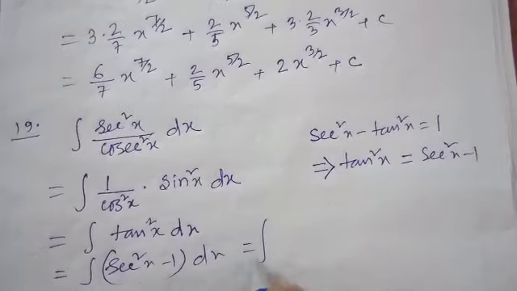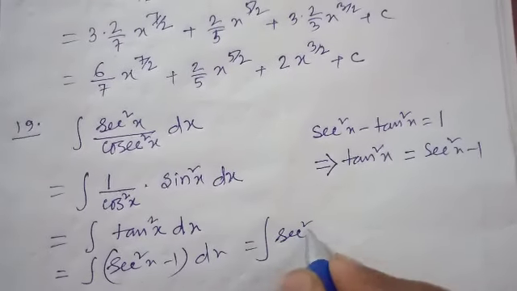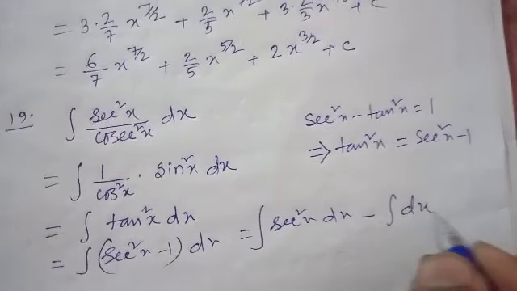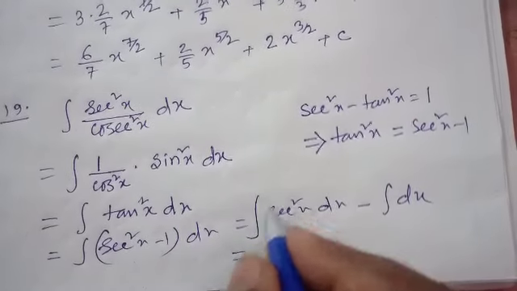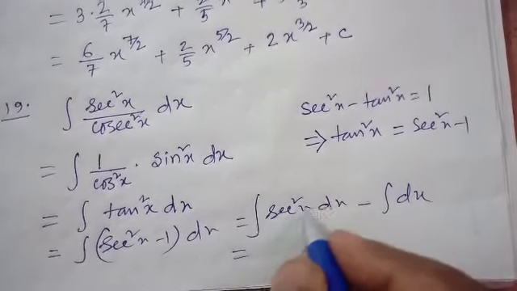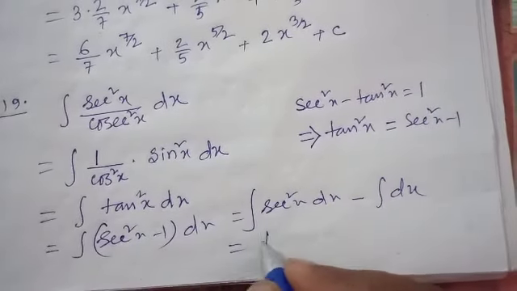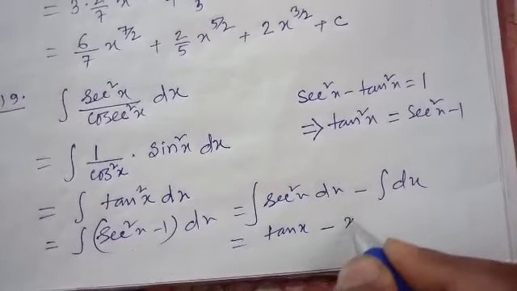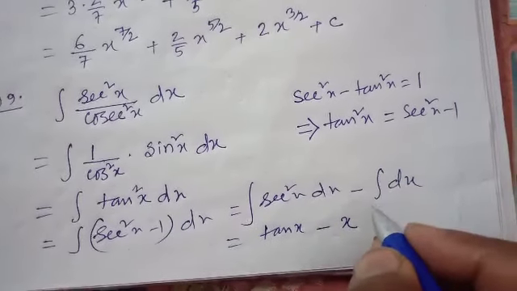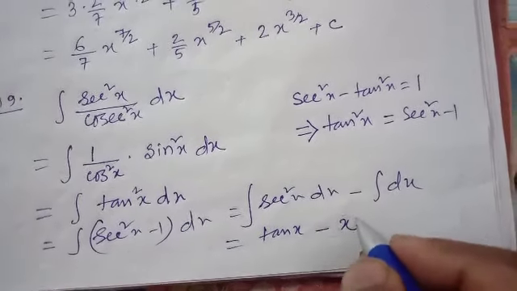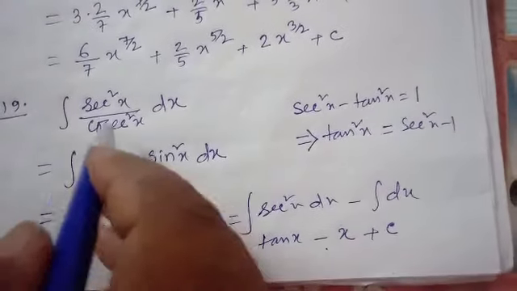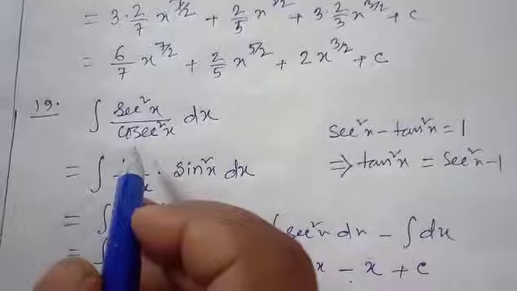Then you separate it: sec square x dx minus 1 into dx, that means only dx. Integration of sec square x is tan x, and minus integration of dx is x, plus c. This is your integration of that function.